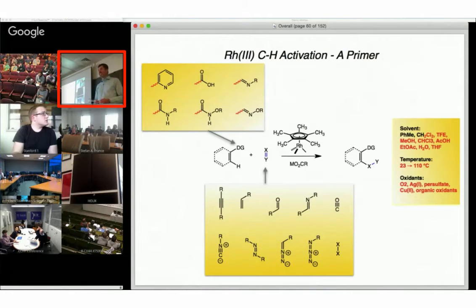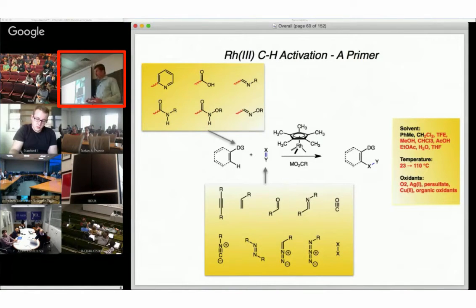The activated bond is inevitably sp2 CH. Very often it's an aromatic sp2, with some clear good examples of a vinyl sp2 as well. The coupling partner is various unsaturations: alkynes, alkenes, carbonyls, polarized bonds, azos, diazos, carbon monoxide, isonitriles, and reagents like X2, things like NBS, for example, to halogenate.